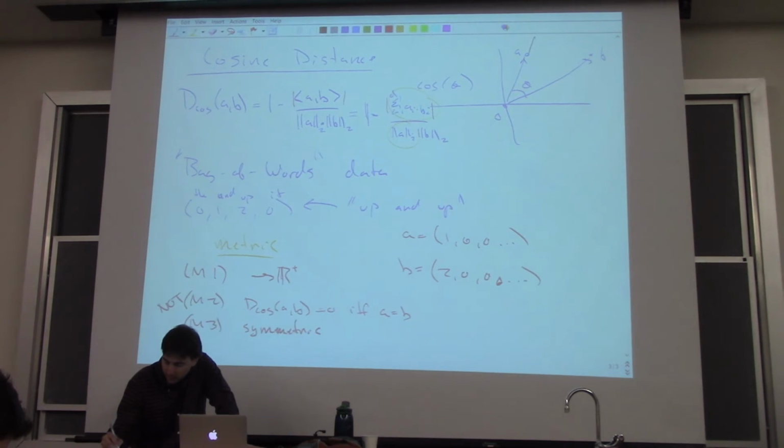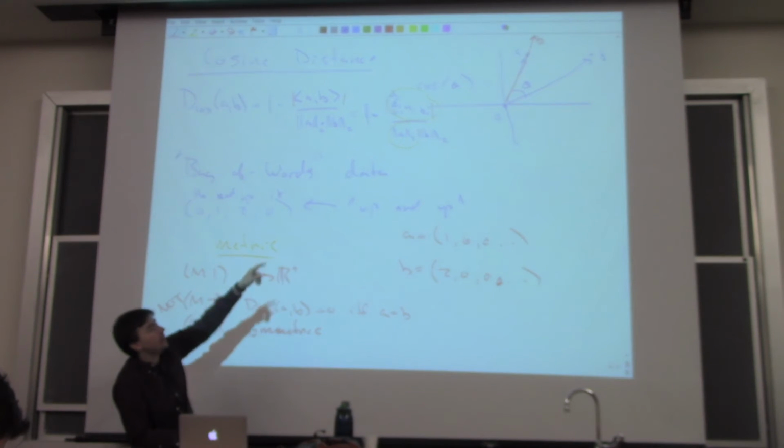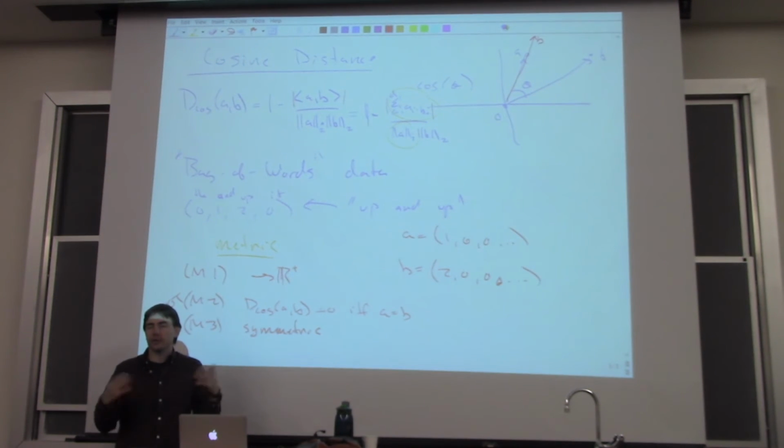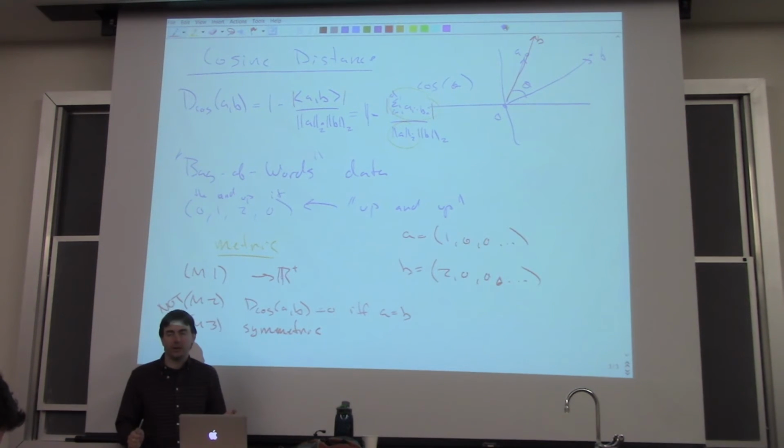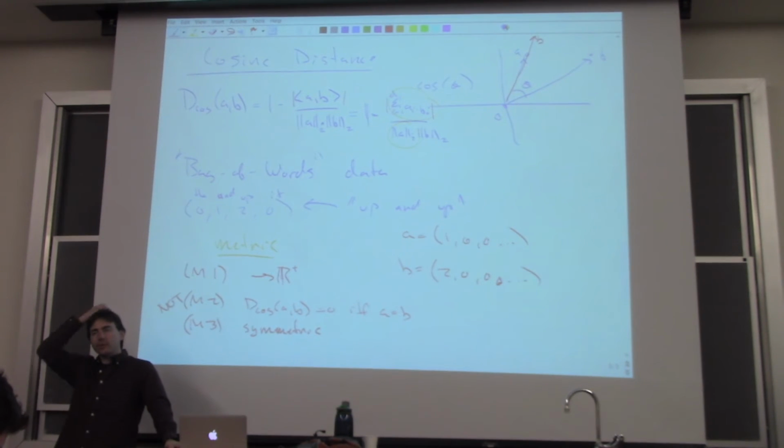If B was instead up here, the angle between A and B is 0. So the cosine of the angle is also going to be 0. So this is not a metric. Okay, so why would you want to use this if it's not a metric?